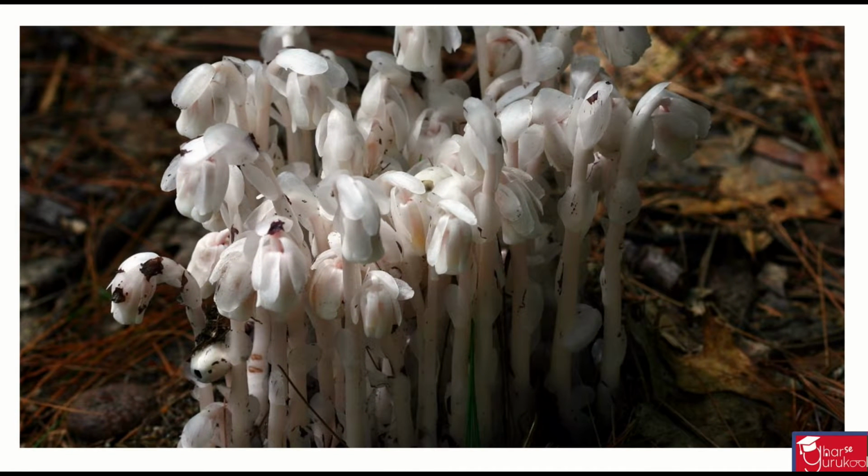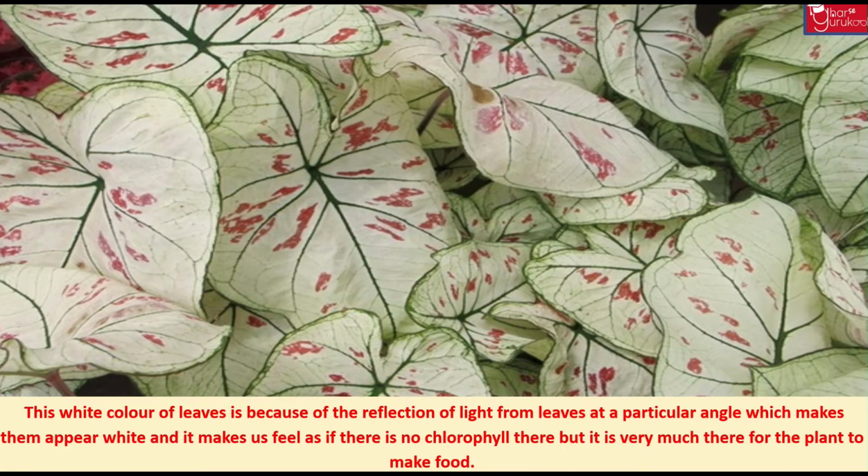Other than this, you must have seen some plants which have white leaves. This white color is because of the reflection of light from leaves at a particular angle which makes them appear white, and it makes us feel as if there is no chlorophyll, but it is very much there for the plant to make food.